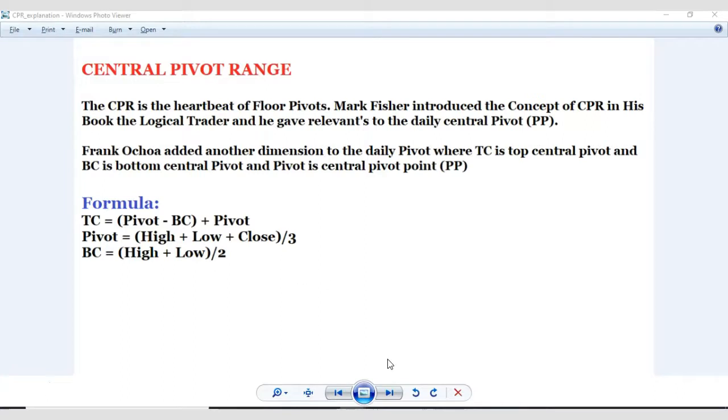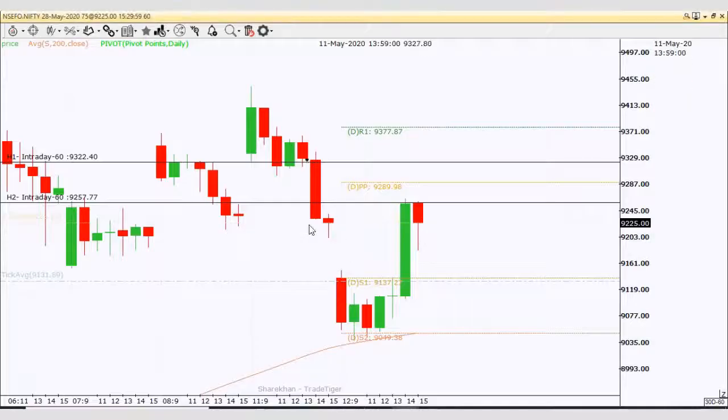I do that actually. For example, if I show you Sharekhan here, I'm going through it now. Just now I calculated for you guys, to show you. This is a 60 minutes chart, and this is a Nifty chart. Today this contract is the 28th, right?